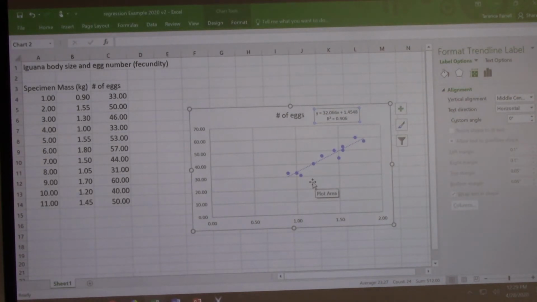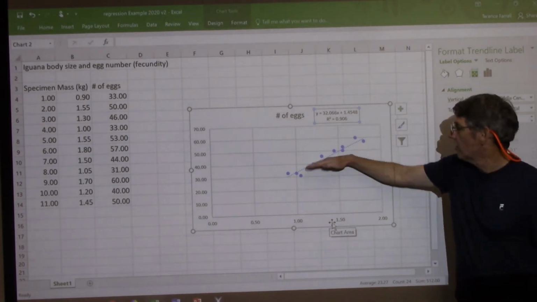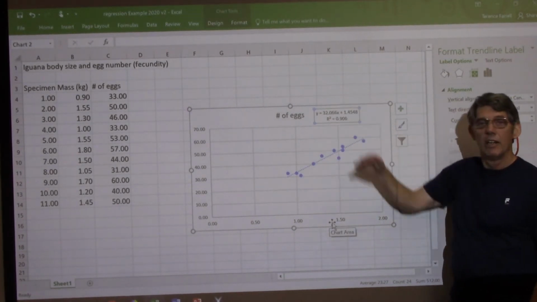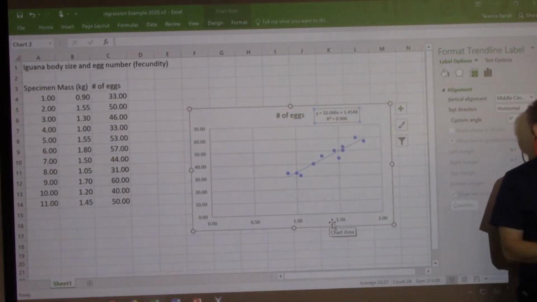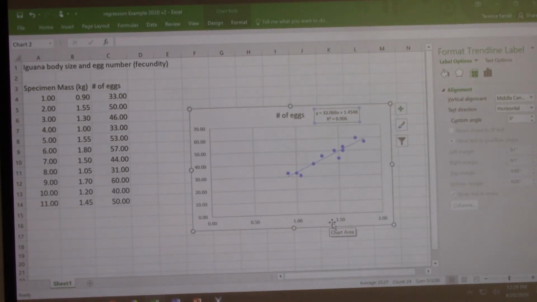About 91% of all the variation in number of eggs is associated with adult female body weight. And so there's a pretty good straight line relationship here. You can see that it doesn't look curved in any way. And so it seems reasonable to do linear regression analysis.